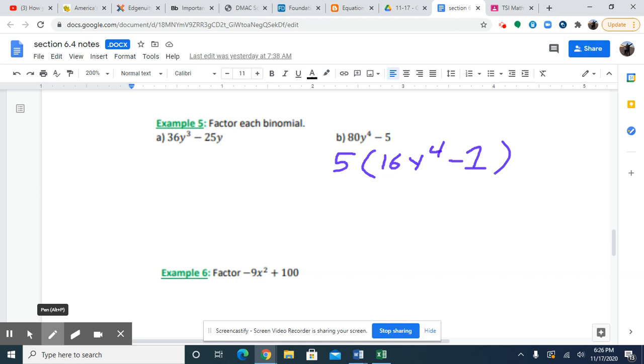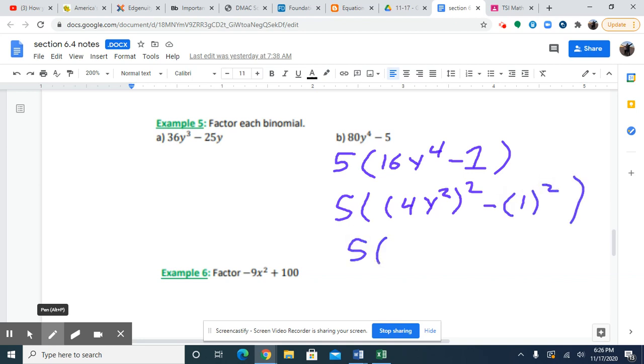So now that seems like a reasonable perfect difference of squares. We can rewrite this as 4y squared to the second power minus 1 to the second power. So 4y squared plus 1, and 4y squared minus 1.